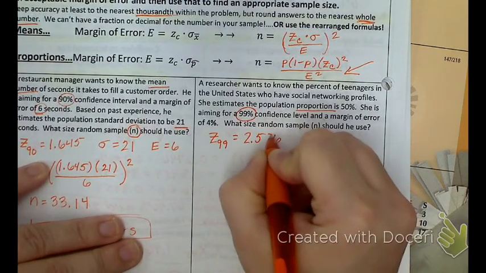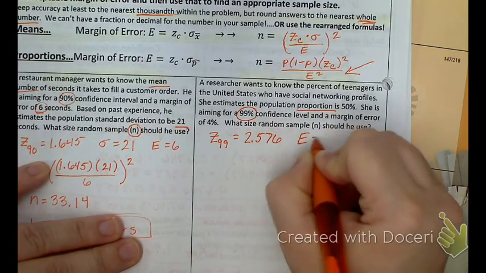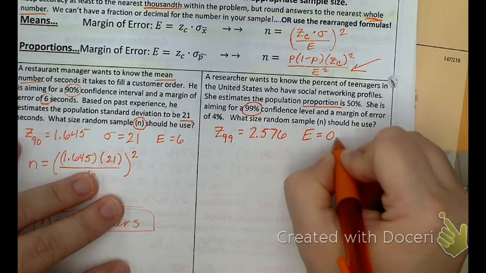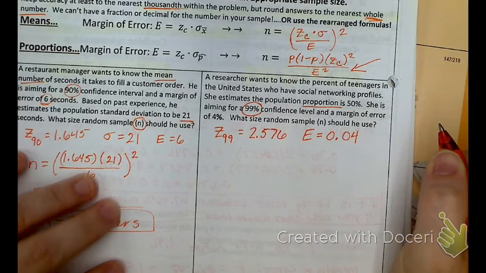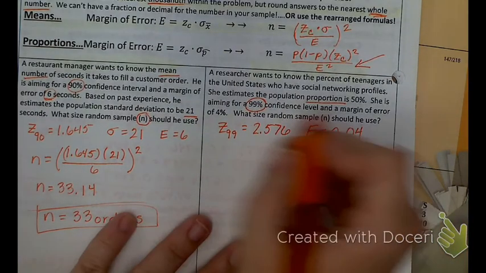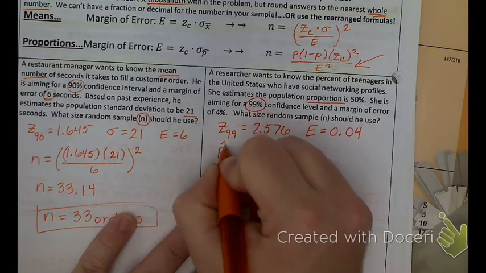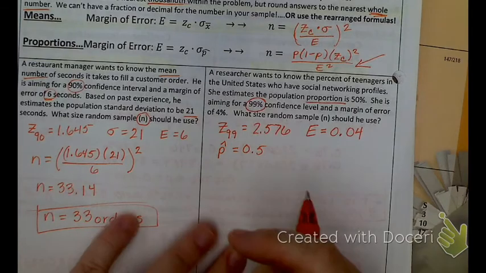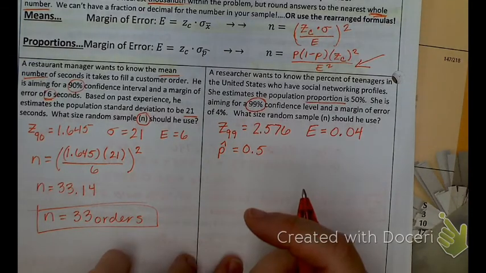2.576. We need our margin of error to be 4%. So we're going to call that 0.04 because we can never actually calculate with a percent. We always have to change it to a decimal. Our p hat is going to be 0.5. That's from our 50%. And p hat happens to be the same as p, so that's helpful for us.